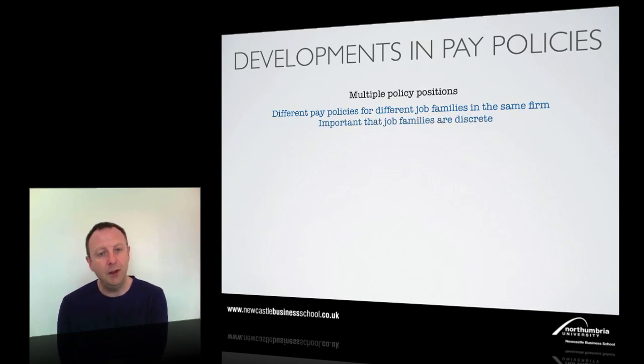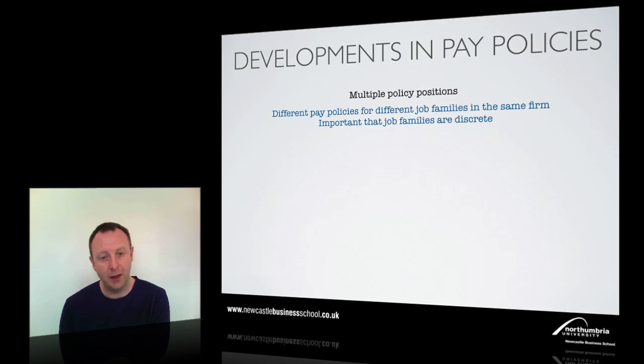Now, of course, if you're doing this, this runs into potential problems in terms of the internal comparisons that employees might make. We talked in a previous session about the way in which employees will naturally compare their earnings and their contribution to the organisation from the point of view of equity.